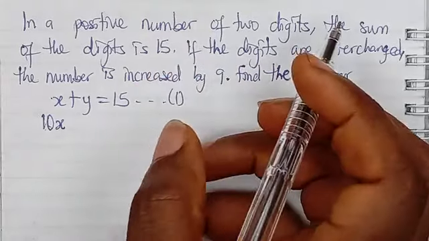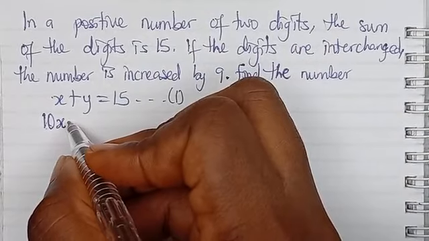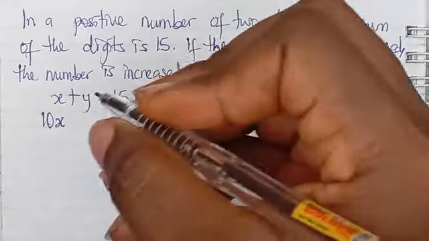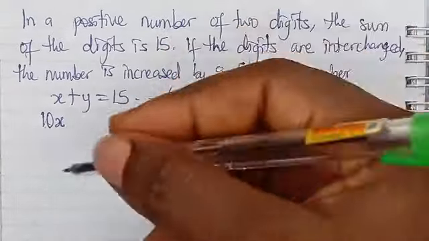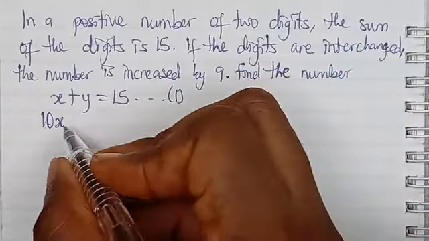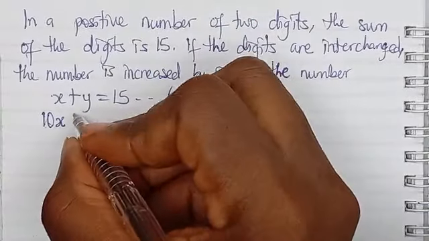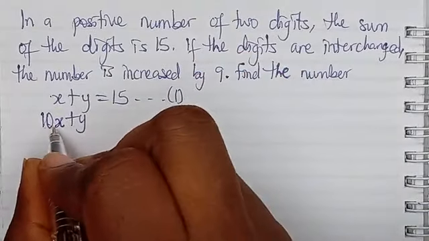That is 20 and 5. Do you understand? So that is why we say 10x, like saying 10 times 2, that gives us the 20 that will make 25. I'm not saying this number is 25, I'm just using that to clarify why we put 10x here. So 10x plus y is the number.